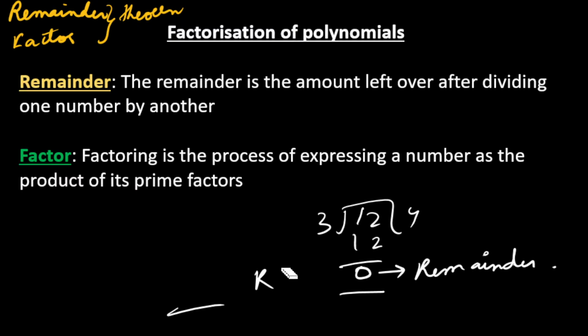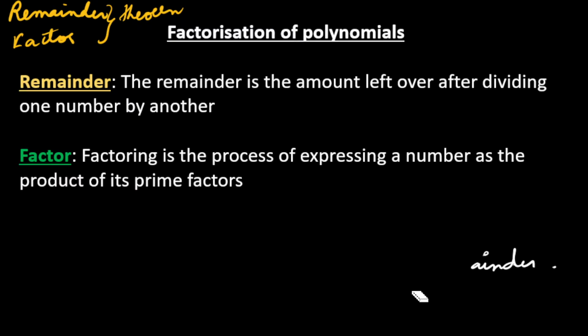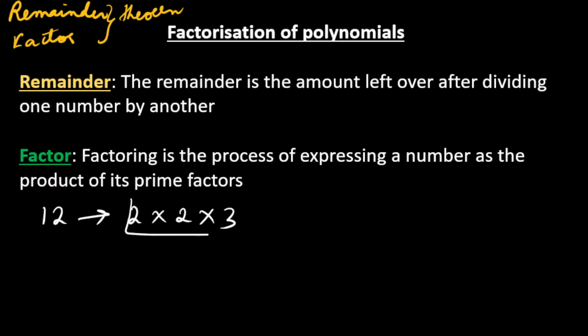We all know that. Then what is a factor? Factorization is the process of expressing a number as a product of its prime factors. For example, I have 12. It can be written as 2 into 2 into 3. So these are the factors of 12. Here in this chapter, remainder and factor, we know both with simple natural numbers.